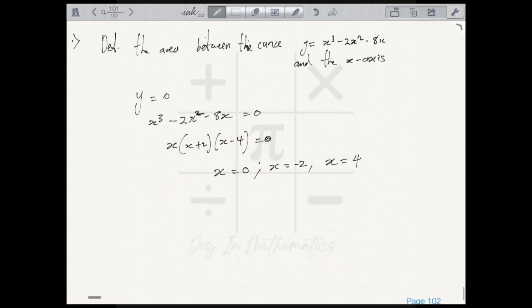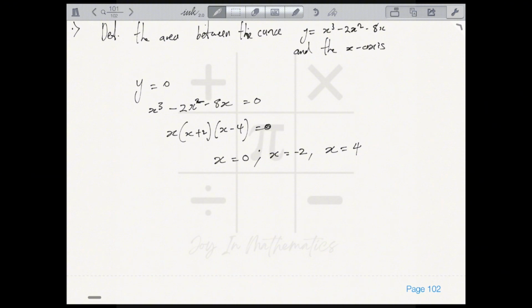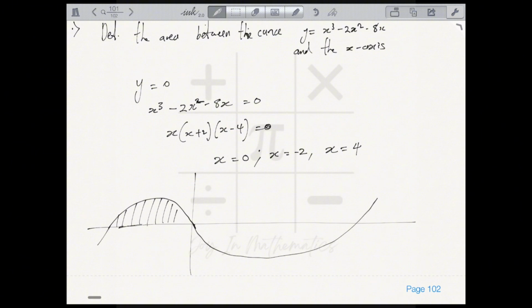Now, let's sketch the graph of x cubed minus 2x squared minus 8x. Sketching the graph of this, we have something similar to this. So I'm asked to evaluate this area coupled with this area.